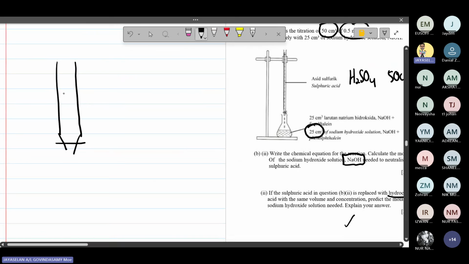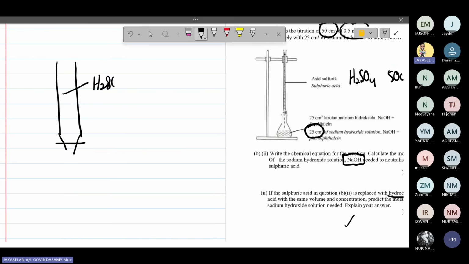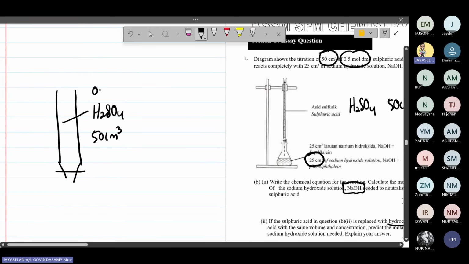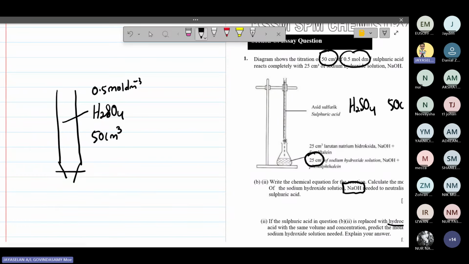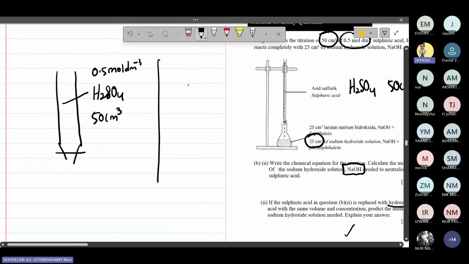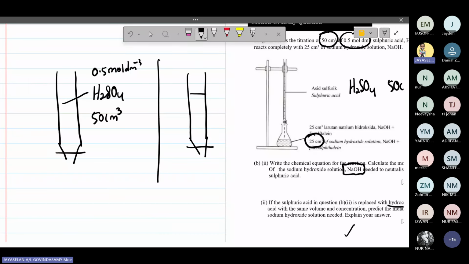You ambil kertas, ini adalah sulfuric acid. The volume is 50 cm³. Concentration is 0.5 mol dm⁻³. The experiment is repeated with hydrochloric acid. Dia bagi tahu concentration sama.